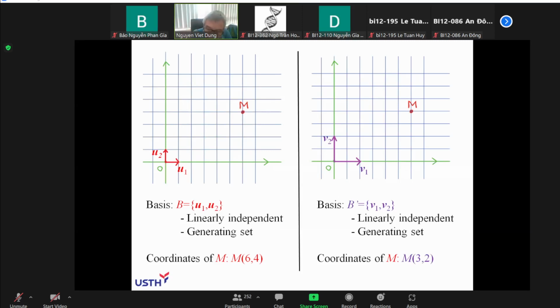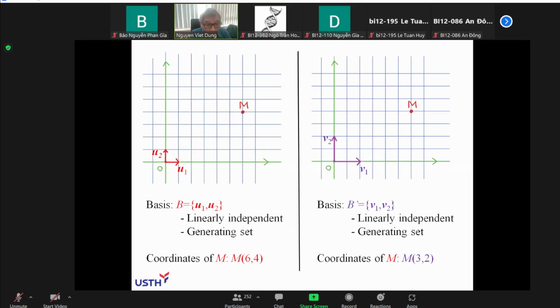But in this basis, the same point has another coordinate. Now m has coordinates 3, 2, not 6, 4. So you see the coordinates of the same vector, the same point, can be different if we consider it in different bases.